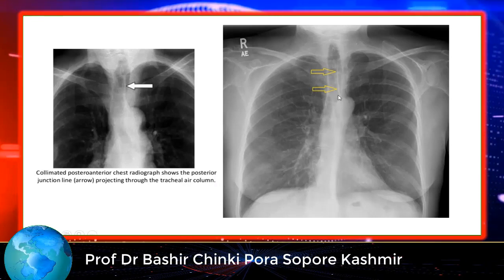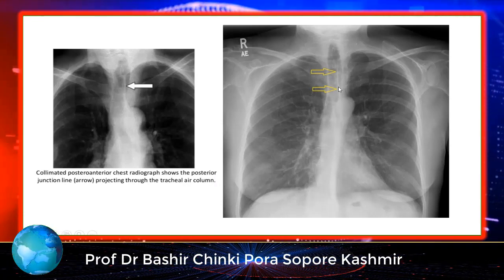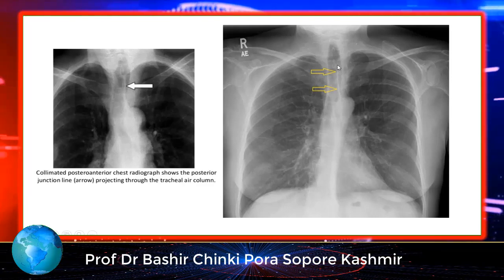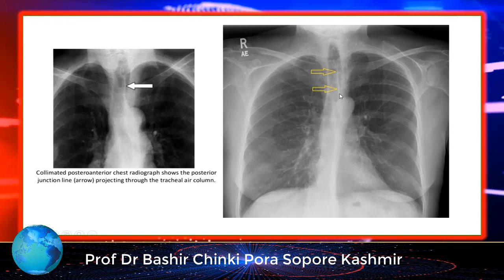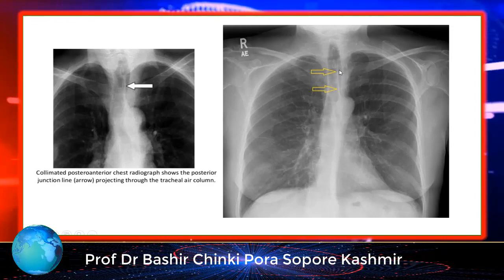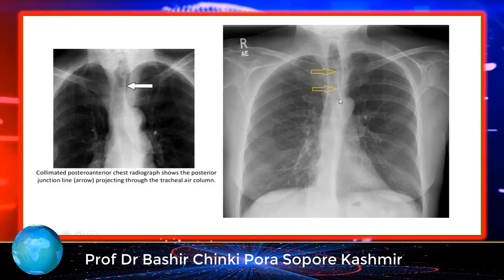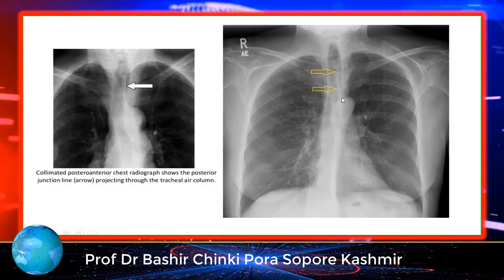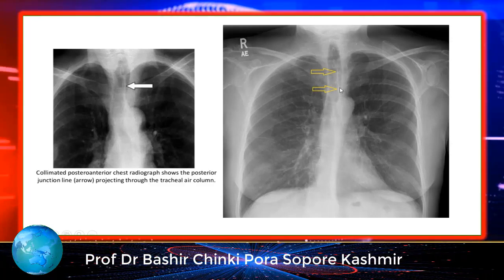So again, let me show it here. This is the posterior junctional line. You can see it is extending above the clavicle, and it starts from the arch of aorta. This is the arch of aorta. It starts at the level of the arch of aorta.